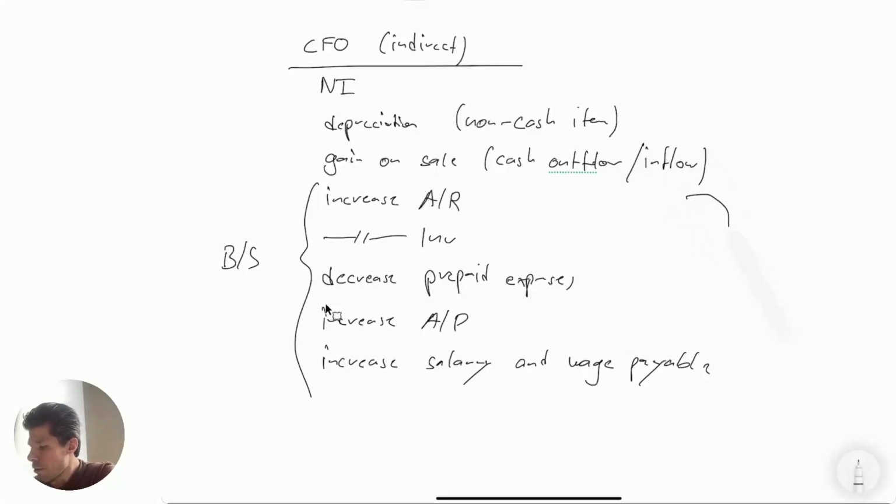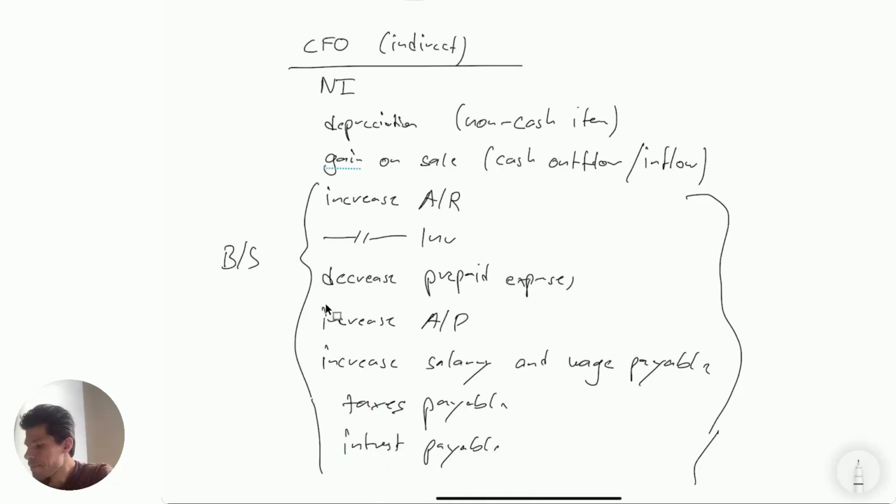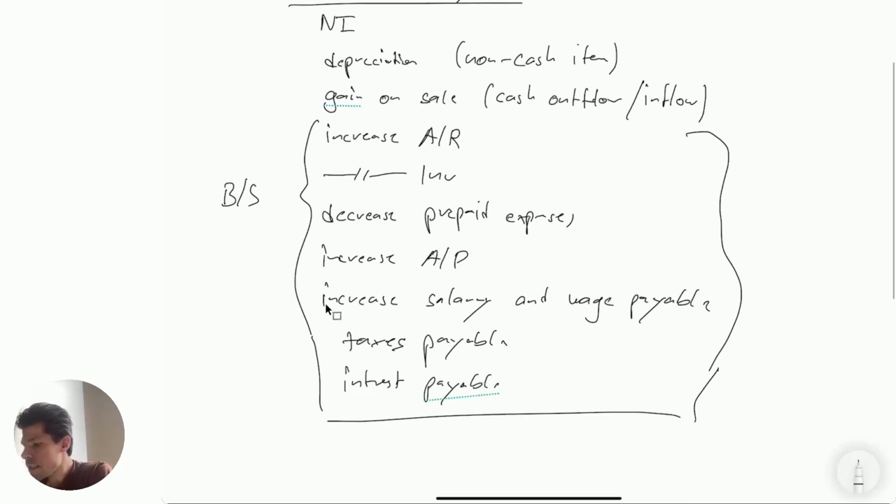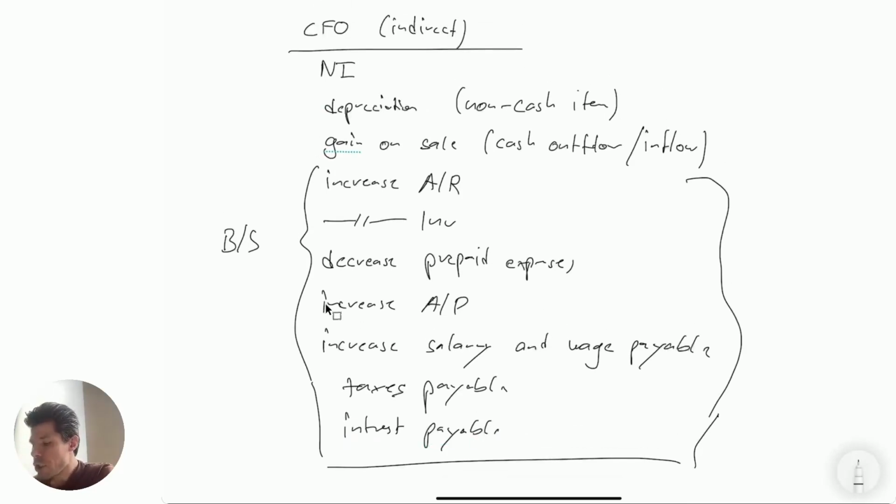Taxes payable and interest payable are the same. These are balance sheet items to adjust between accrual accounting and cash accounting. I have recorded another video on net working capital. You should definitely have a look there.